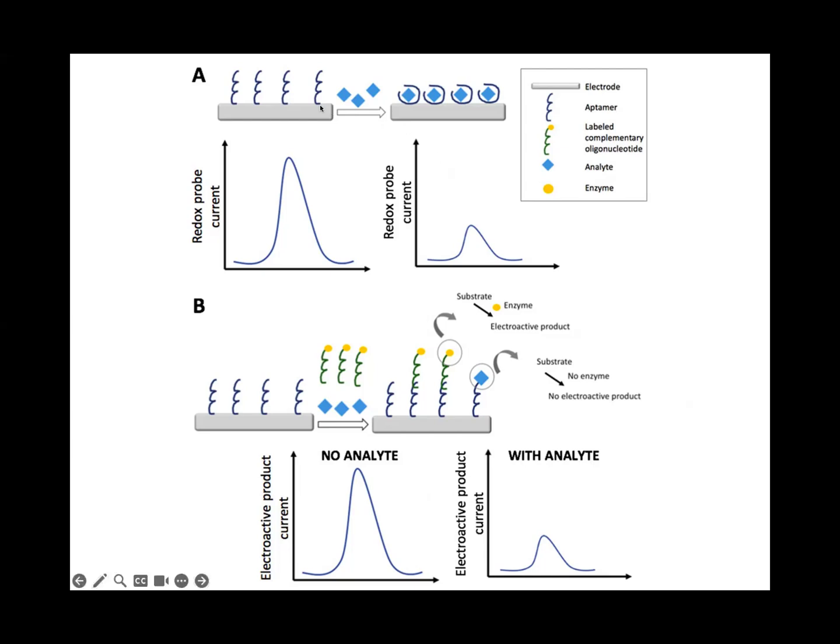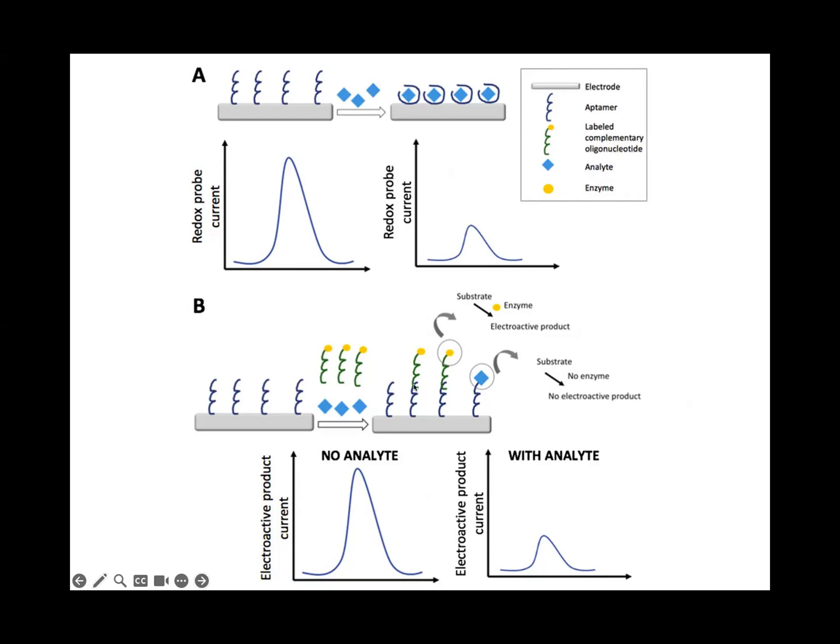So this is an example of aptamer. Then you can expose it to the electrochemically active analyte. So this is how the aptamer folds, interacting with the analytes, and by using another aptamer which is labeled with enzyme.